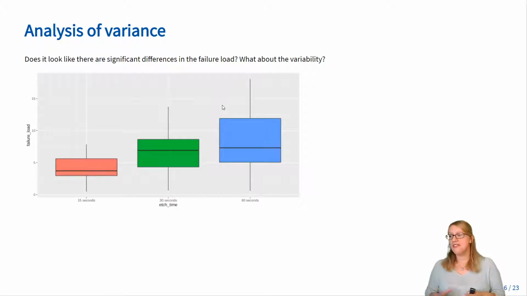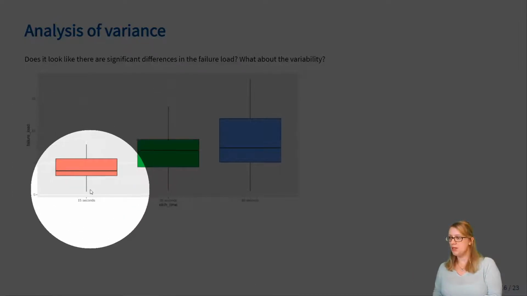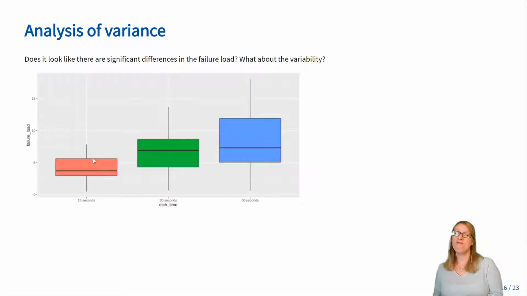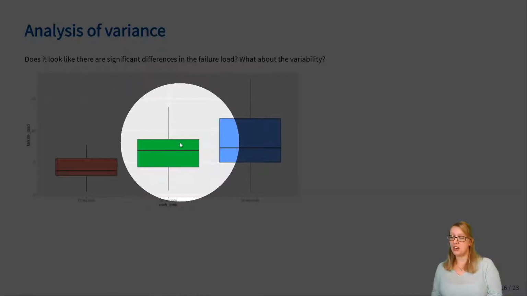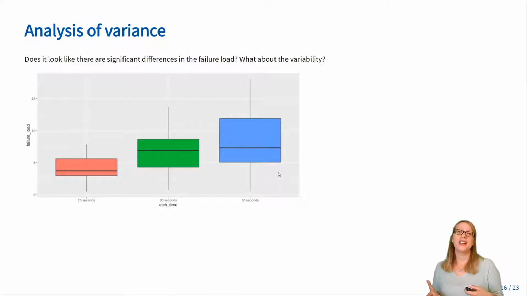So taking a look at the data, does it look like there are significant differences in the failure load? Absolutely. If we take a look at the 15-second etching time, these tend to fail somewhere between 0 and about 7 megapascals. 30 seconds has a bit higher in terms of the typical failure load. 60 seconds is even higher in terms of the typical failure load.